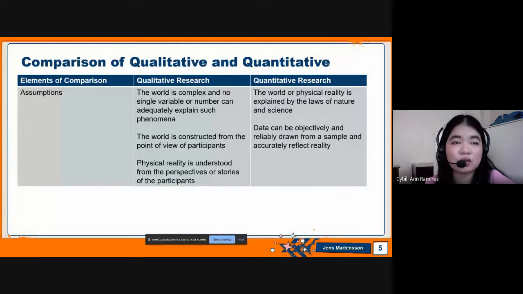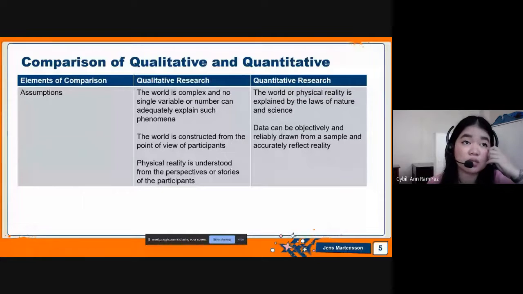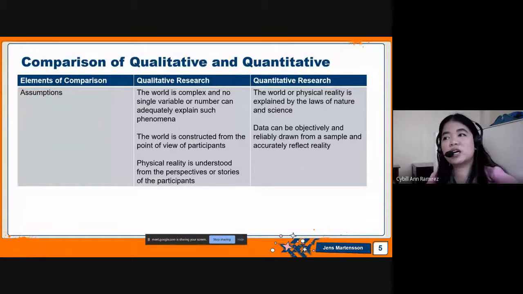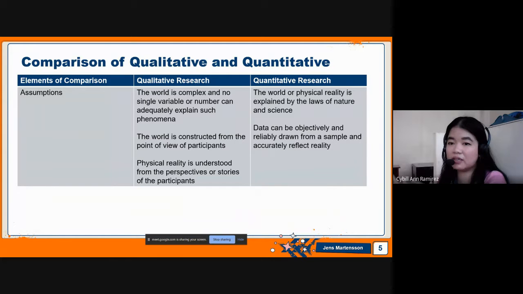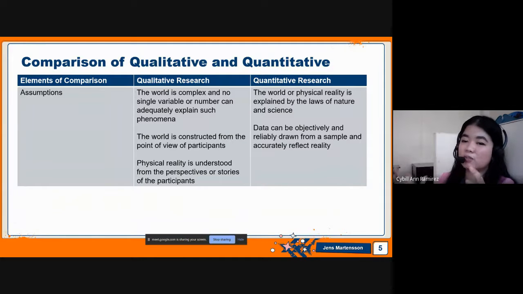I will get it from ASEAN, from the DOT. It's objectively drawn, but again, it doesn't do away with reality. Quantitative is more on accurate measurement.